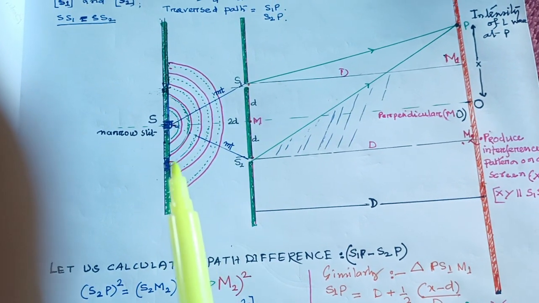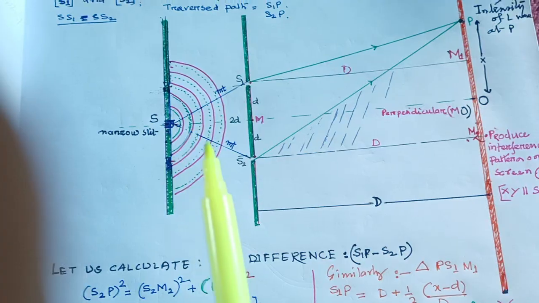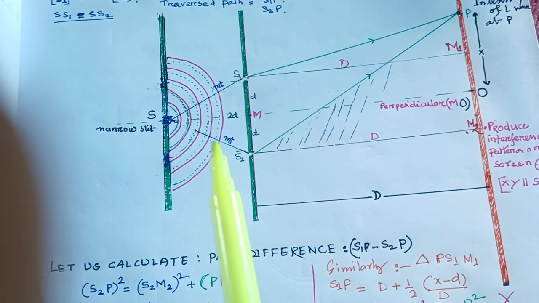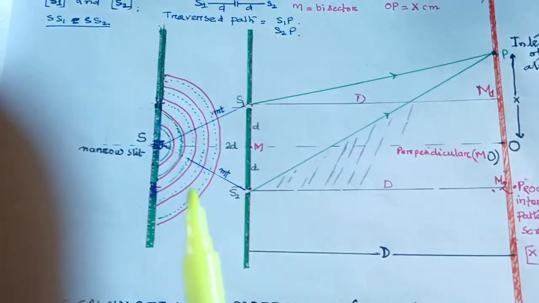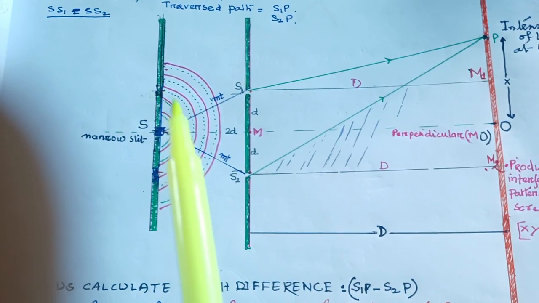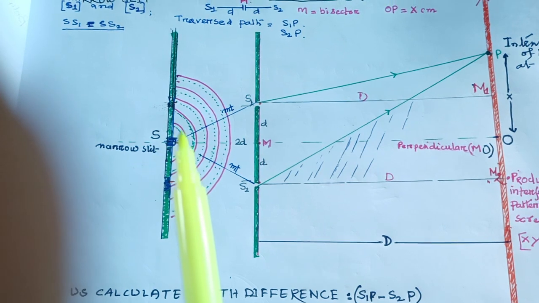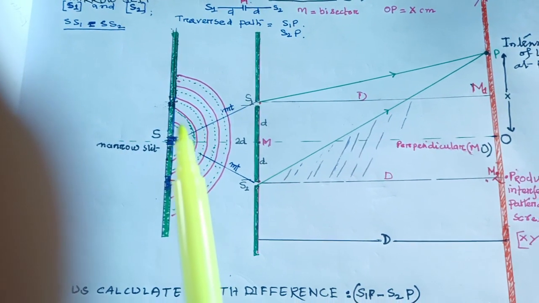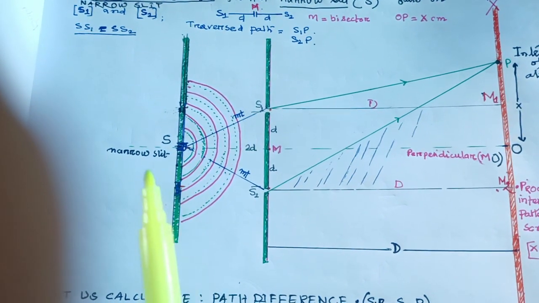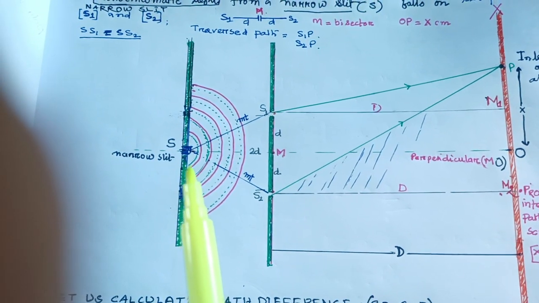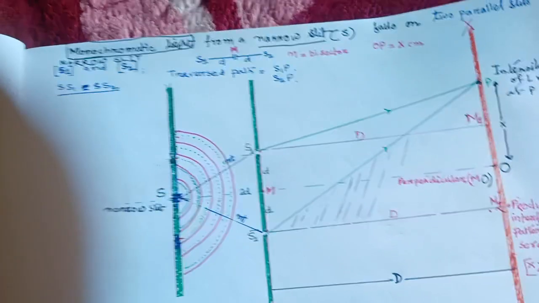S to S1 and S to S2 is of equal length. And here you can see the wave fronts. One is responsible for bright fringes and the dotted one is responsible for the dark fringes.